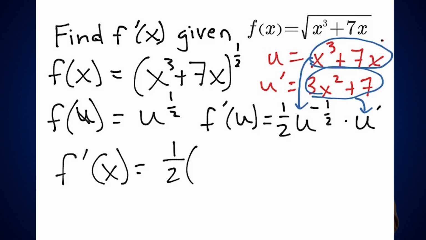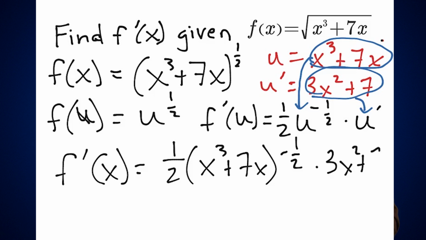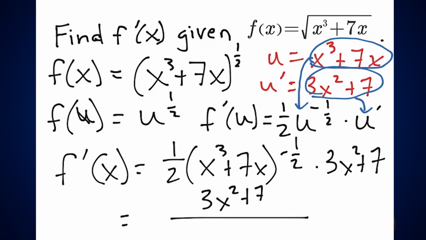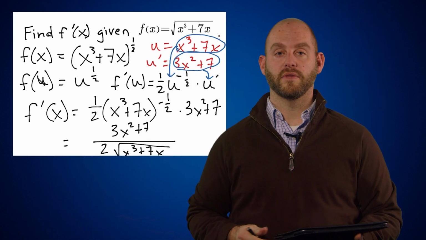Then we'd substitute back in our u, which would be 1/2 of x cubed plus 7x to the negative 1/2 times u prime, which was 3x squared plus 7. And then I can simplify it just like I did in the last problem, where the 3x squared plus 7 would stay in the numerator, and the 2 and the square root of x cubed plus 7x end up in the denominator.